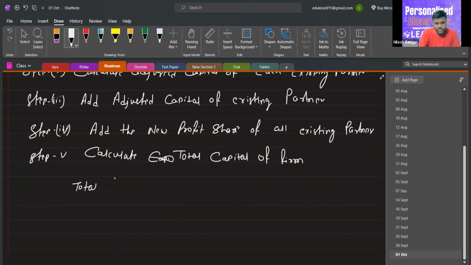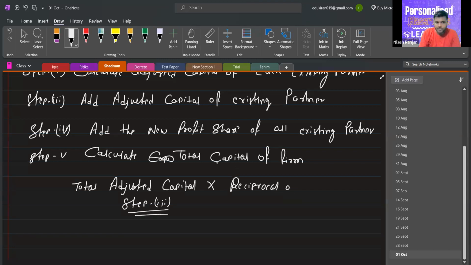So total adjusted capital, which we calculated in step 3, multiplied by the reciprocal of the total profit share of old partners.